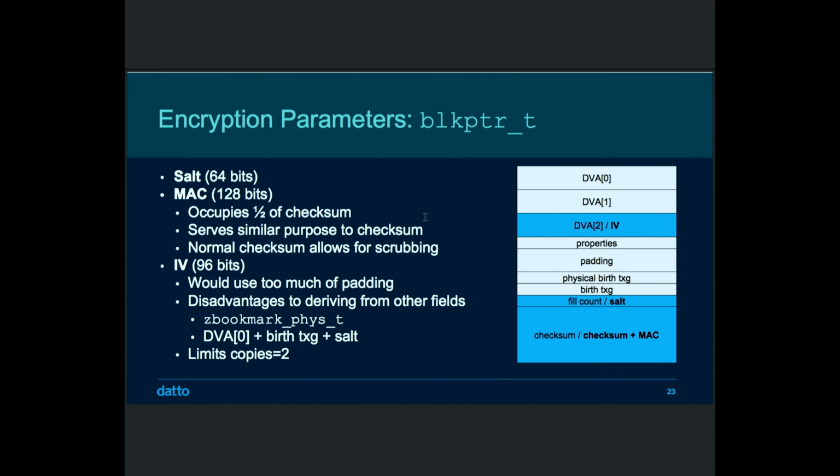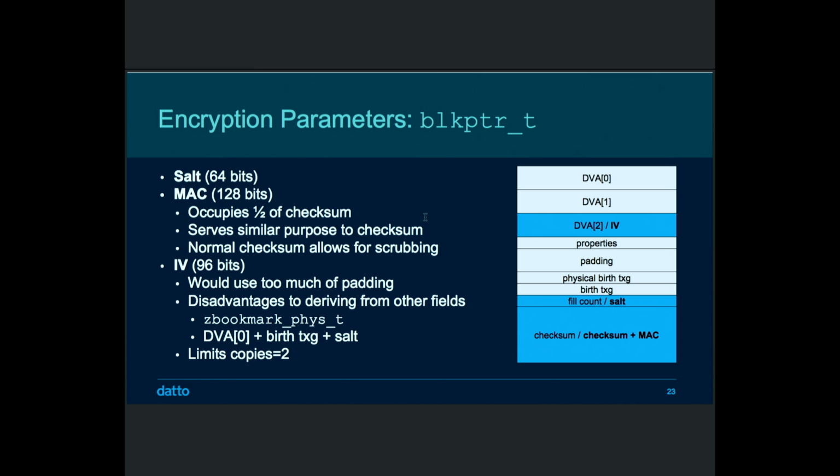So to talk about where these things are going to go, basically we made a bit of a union out of the block pointer. It's not a union in the code, for those of you who might have been concerned about that, but basically we took a bunch of fields in the block pointer and started using them where we could. The salt is stored in the fill count.